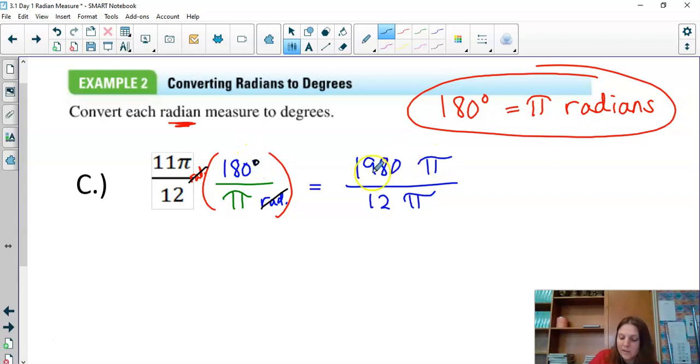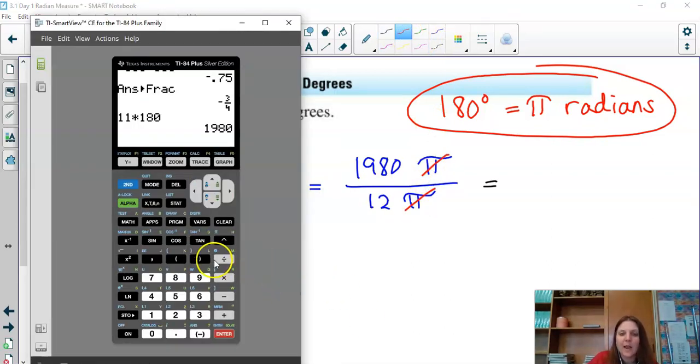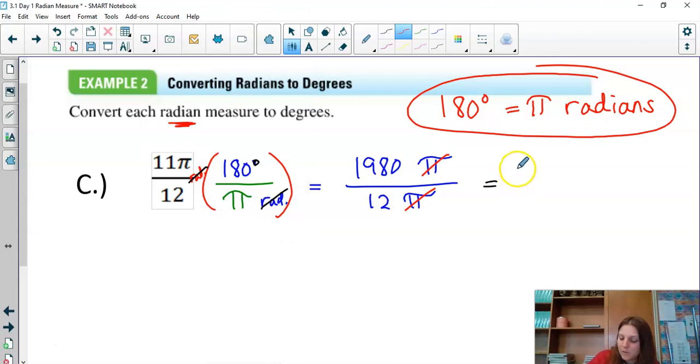So technically that's degrees. We're going to have degrees on the answer. Pi's will divide out. Look at them. Pi divided by pi, those divide out, and you're left with 1,980 divided by 12. So it's 165 degrees.